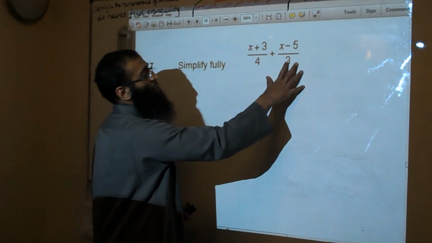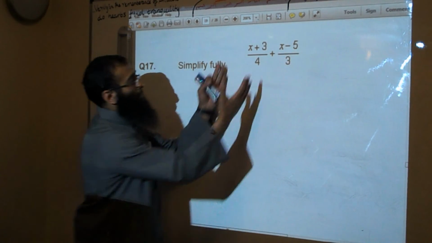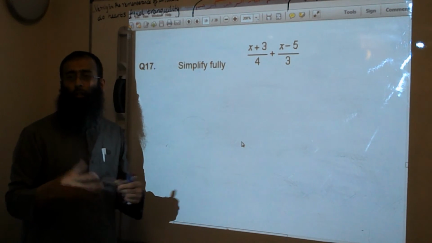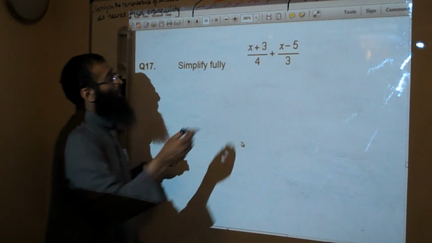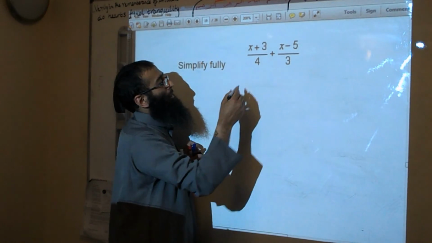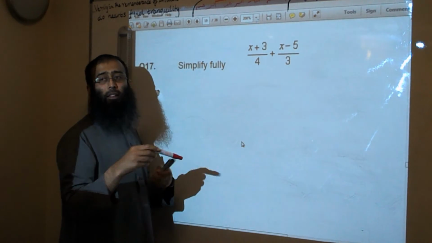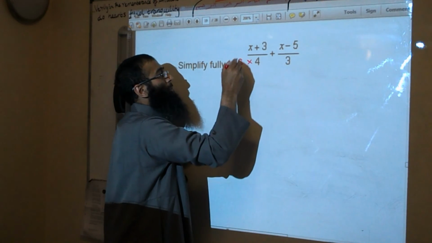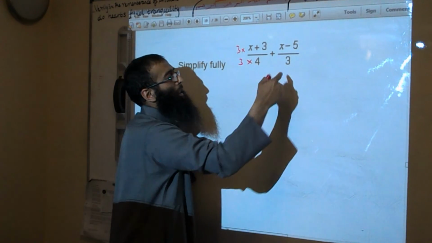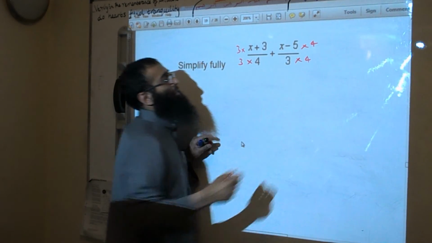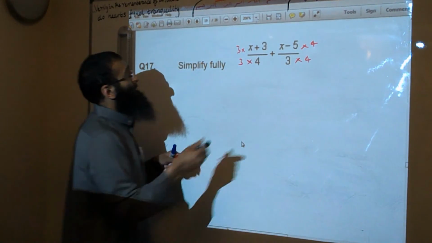Simplify fully this algebraic fraction, so we have to take it from two fractions into one fraction. What we need to do is find the lowest common multiple. So we have 4 and 3. What's the LCM of 4 and 3? 12. So we need to make the fractions into 12ths. 4 can become 12 by multiplying by 3 top and bottom. 3 can become 12 by multiplying by 4 top and bottom. Now let's rewrite it.